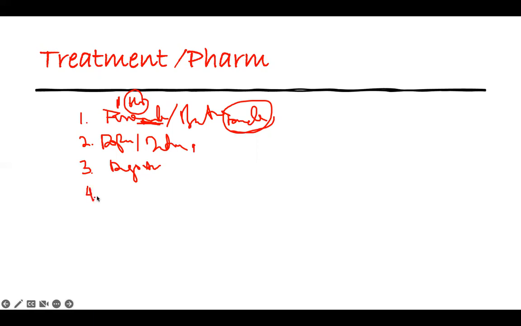Then you can prevent the heart from getting dilated and becoming cardiomyopathy. The medication they use is ACE inhibitor or ARB. Sometimes you can dilate to prevent blood from going to the heart, so use vasodilators. You see what I'm doing? Just by pathophysiology, I'm telling you what you usually do to treat these problems.